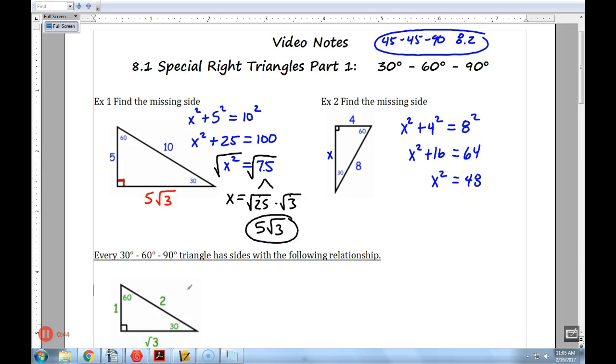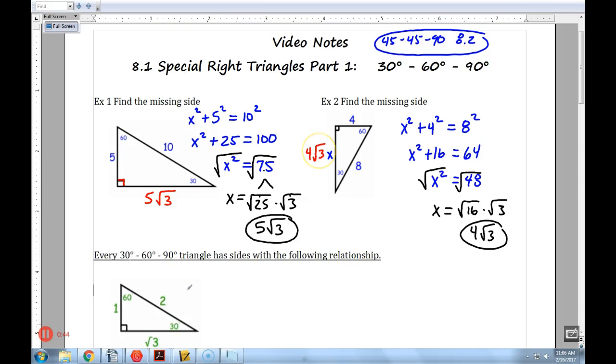And now when I take the square root of both sides, I get x equals, and trying to find perfect squares here, the biggest one I can find would be the square root of 16 times the square root of 3. And the square root of 16 is just 4. So it looks like I have my answer. It is 4 radical 3.